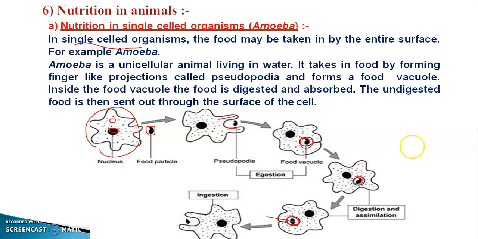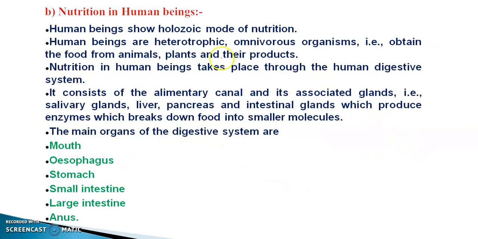But if we move towards higher organisms, like human beings, the mode of nutrition is quite complex, because human beings have a holozoic mode of nutrition. Holozoic mode of nutrition includes various complex steps, like ingestion, digestion, then assimilation, and finally egestion.